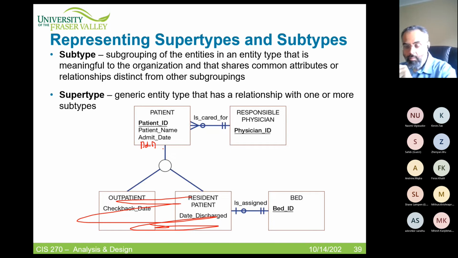So if I make the structure like this, putting them all in one table, in one entity type, I put null. This is what we name redundancy in the database. Why do I say redundancy? Because at the end, this is storage.